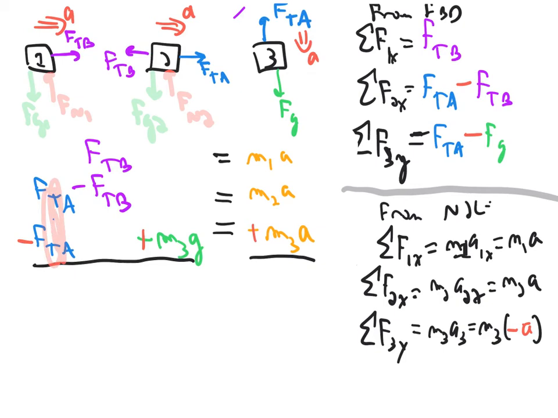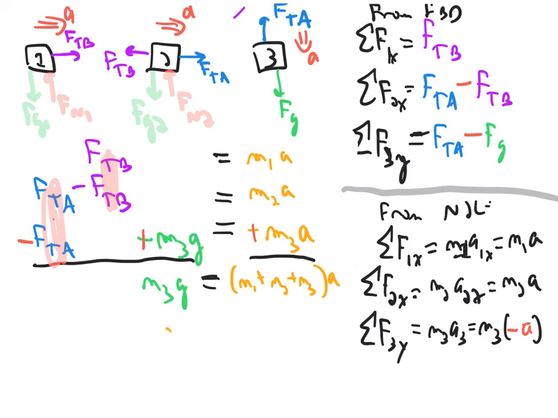And FTB minus FTB cancel. In other words, all the internal forces cancel, and we're left with only M3G. And over here, when we add, we'd have M1A plus M2A plus M3A, and we could factor out the A, and we would end up with M1 plus M2 plus M3 all times A.